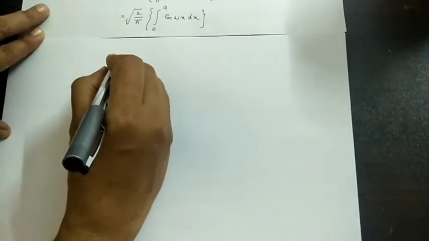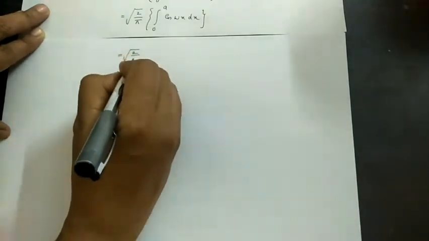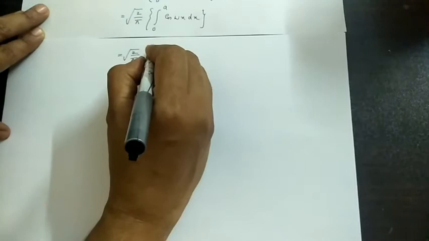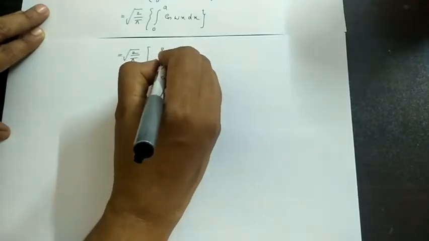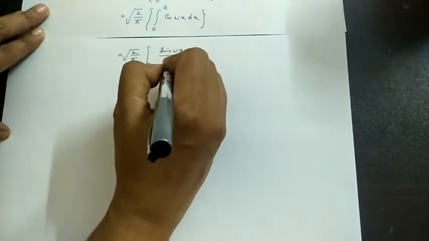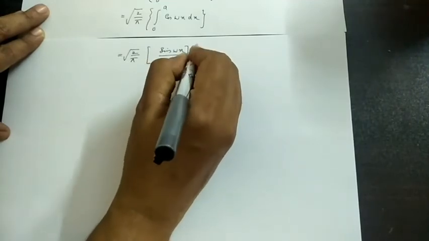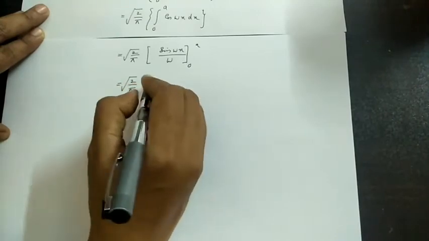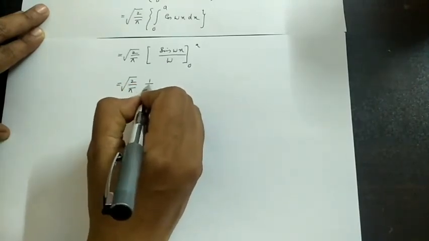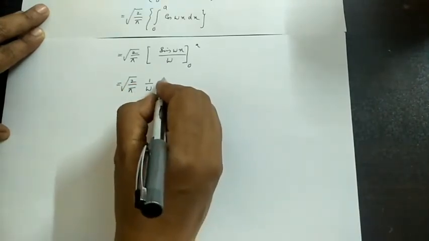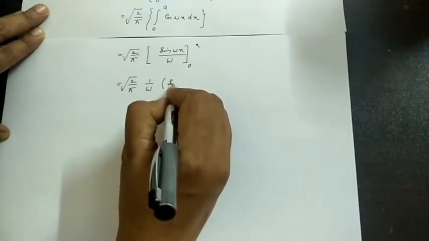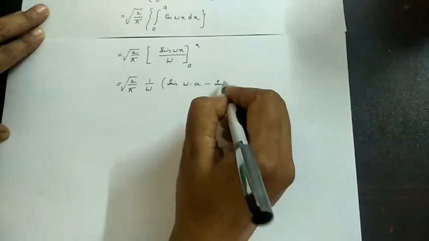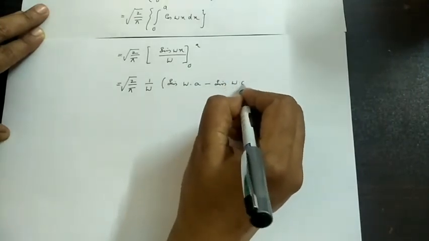Which is equal to root 2 by pi into integral from 0 to a cos omega x. The integral of cos omega x is sin omega x divided by omega, with limit from 0 to a. It is root 2 by pi into, now applying the limits, here 1 by omega is a constant, take it outside. Now applying the limit to x only, therefore sin omega into a minus, applying the lower limit, we get sin omega into 0.